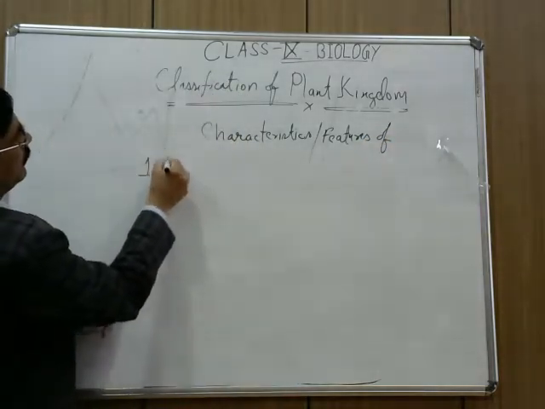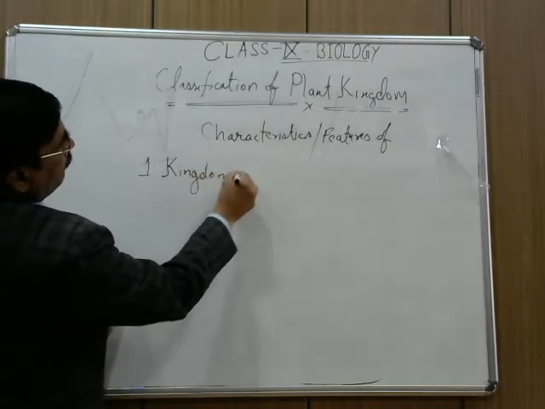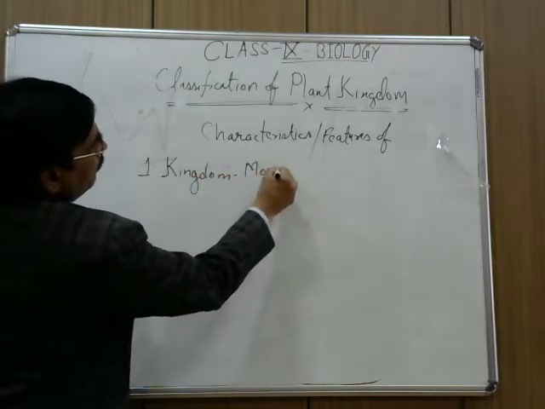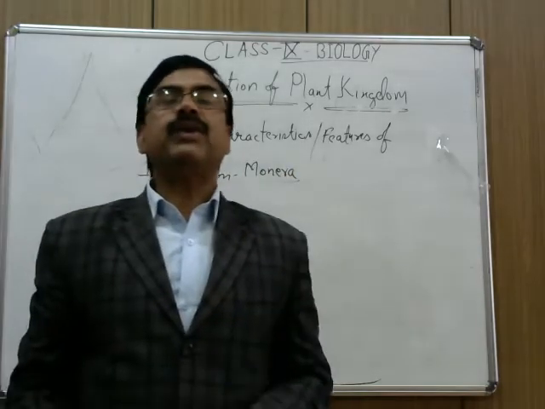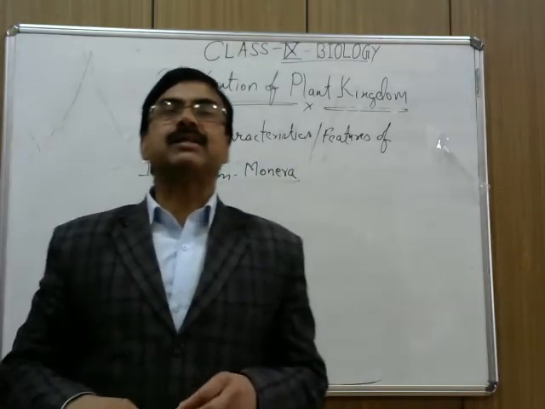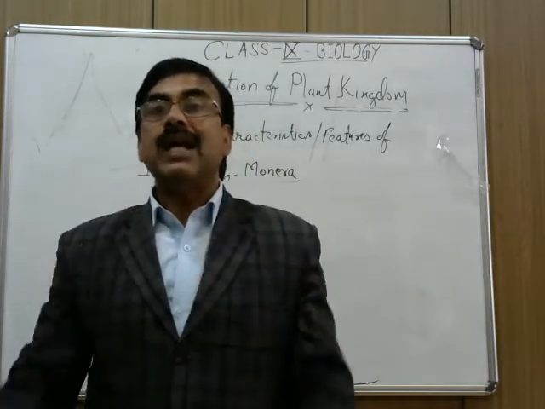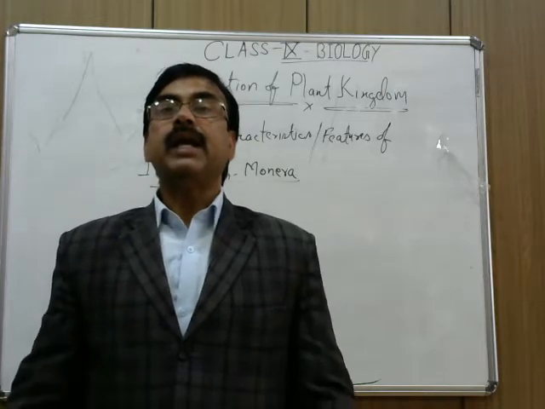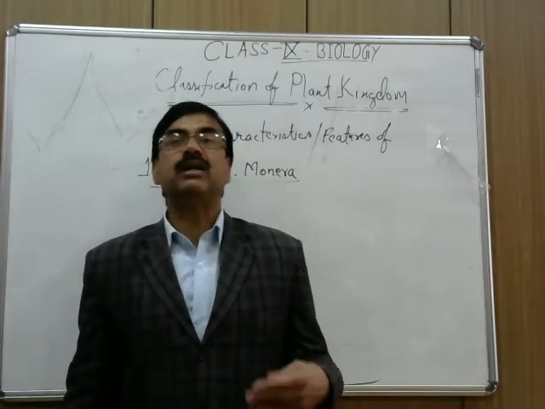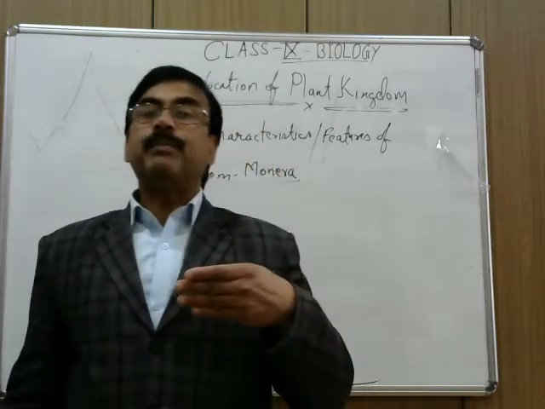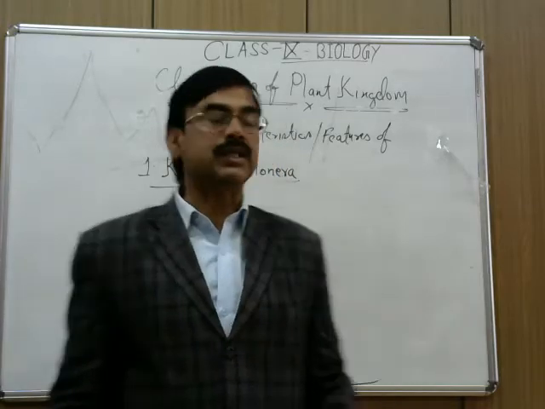Number 1, Kingdom Monera. The first characteristic: they lack nuclear membrane, so the primitive nucleus is called nucleoid. In the Monera, there is no nuclear membrane in the nucleus.